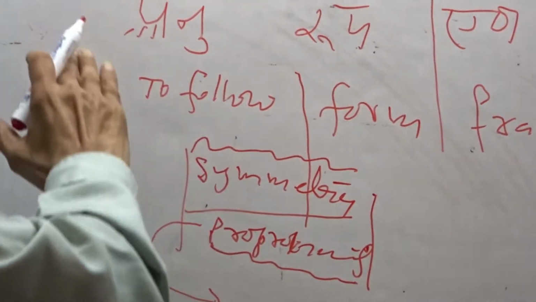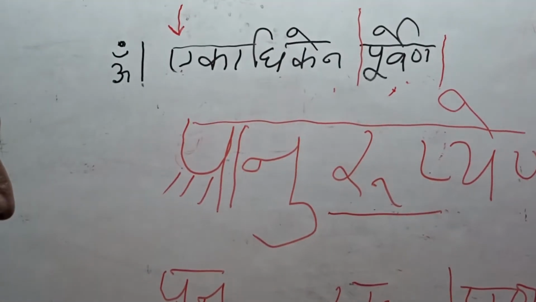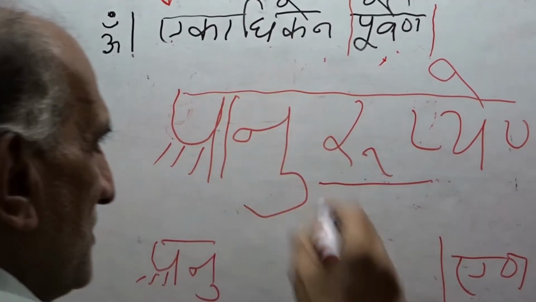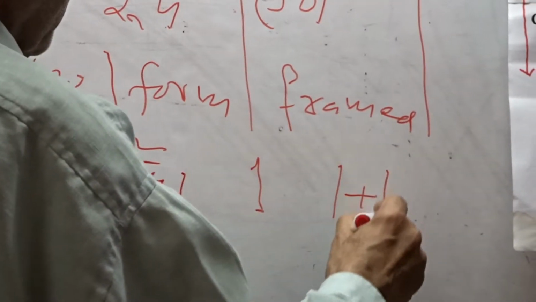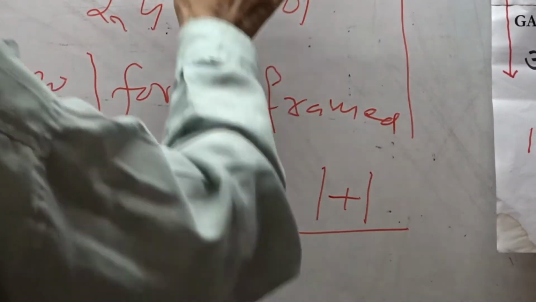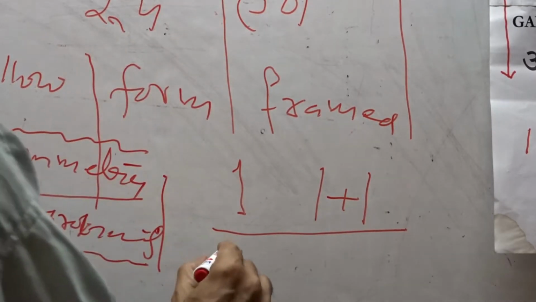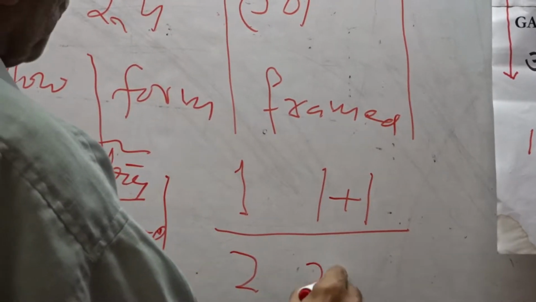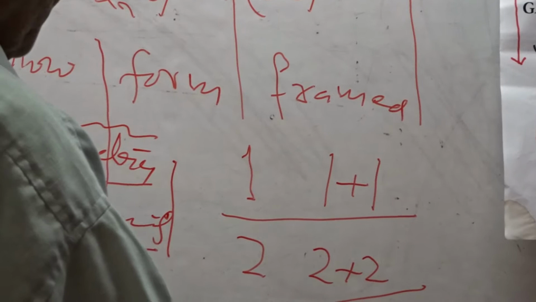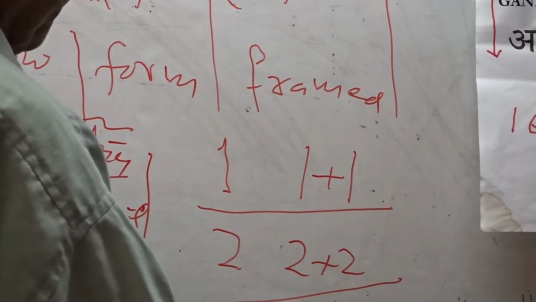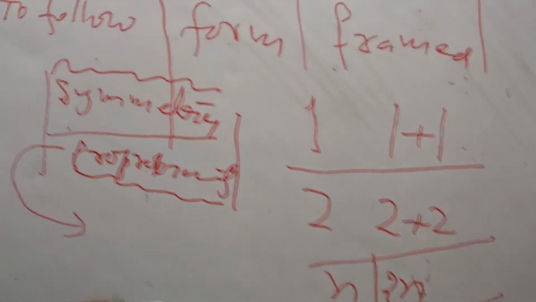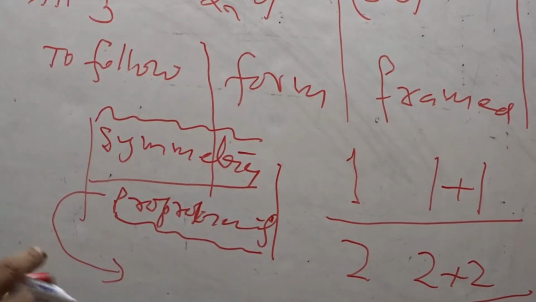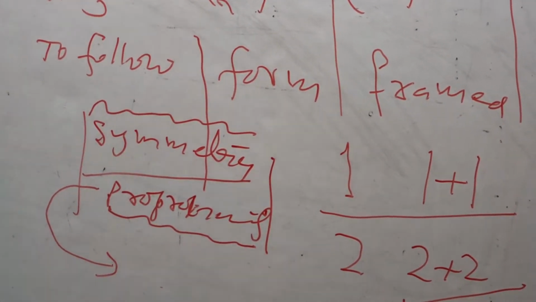Ekadhikain purvain, to follow the form as it is framed, and when it takes us say from 1 to 1 plus 1, then proportionately, symmetrically we can also take from 2 to 2 plus 2, and like that from n to n plus n. It is here when we will be knowing that this rule of sequential progression is the rule of Ganita Sutra 1.